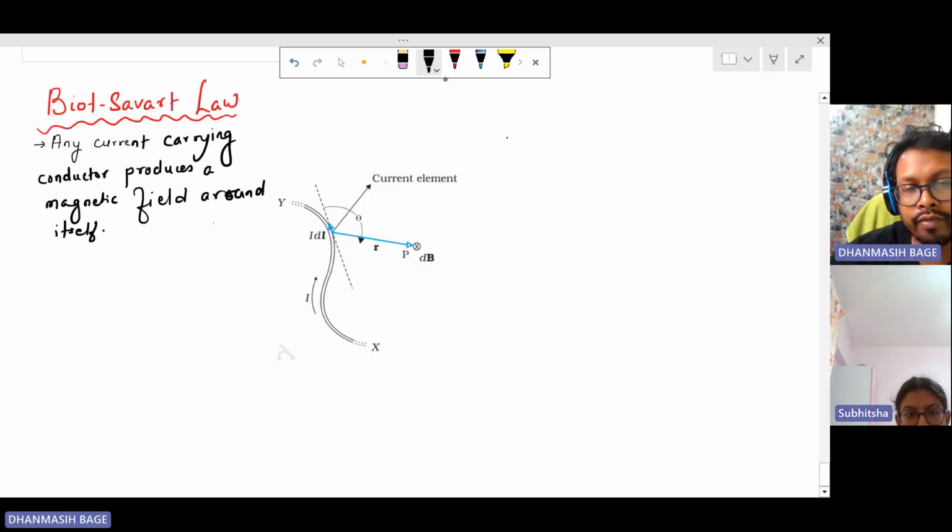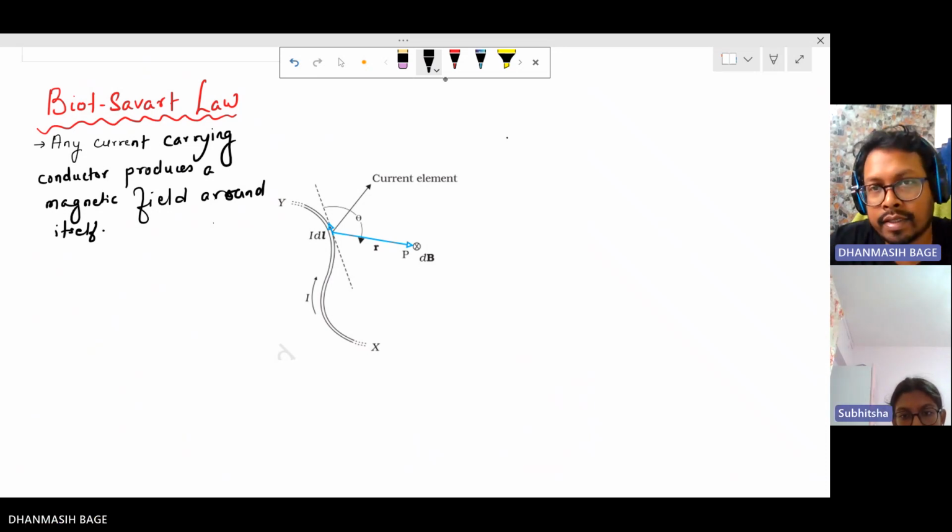And Biot-Savart law helps us to find out how much magnetic field is produced by a current carrying conductor. Just like it is something like this: if there is a positive charge and there is a negative charge, they apply a force on each other whenever they are brought in contact.